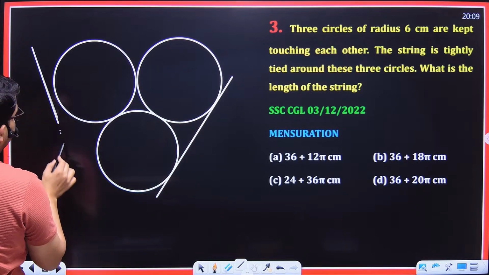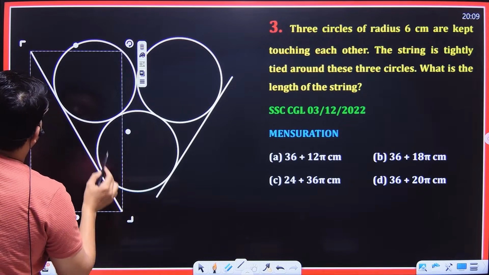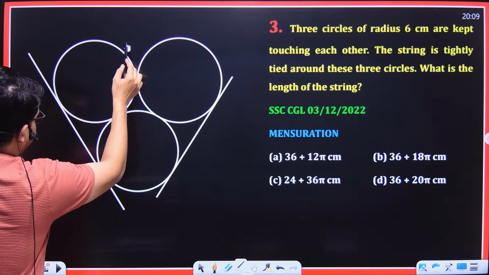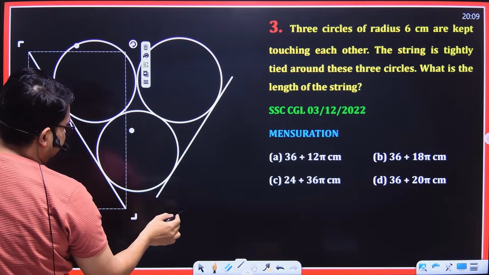So when I teach you geometry, I will do the derivation of this concept. But here I will tell you a direct method to find out the length of this string.